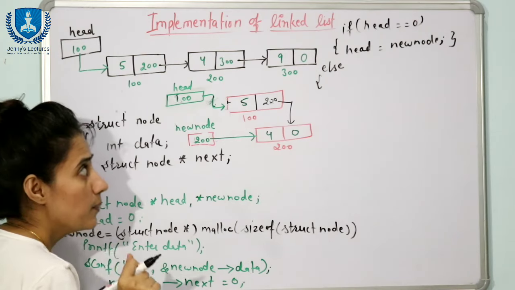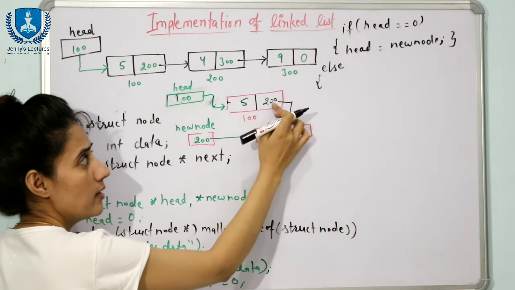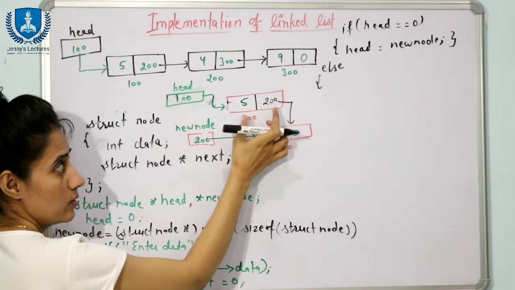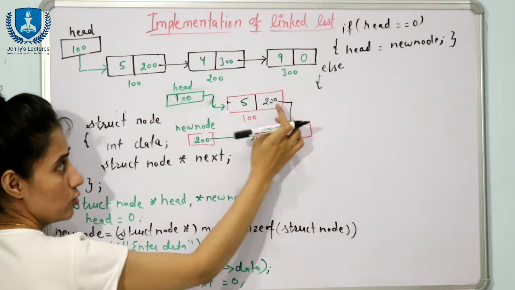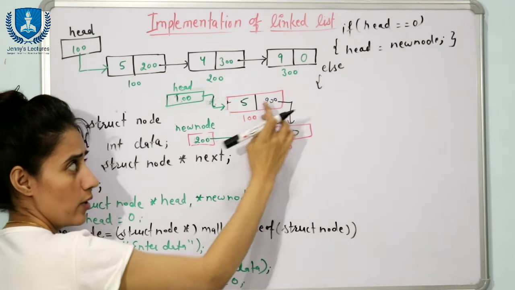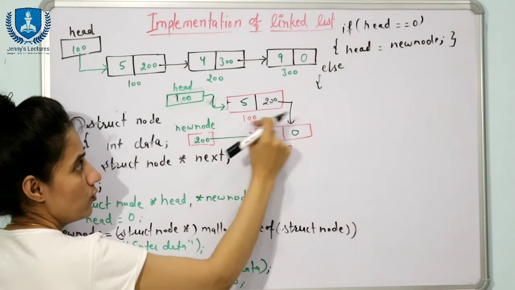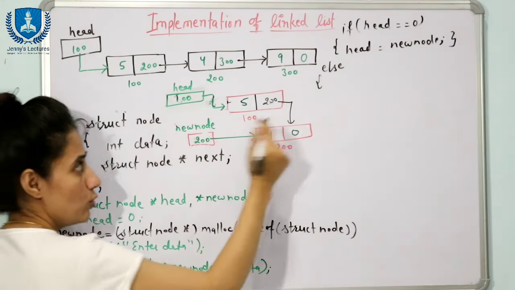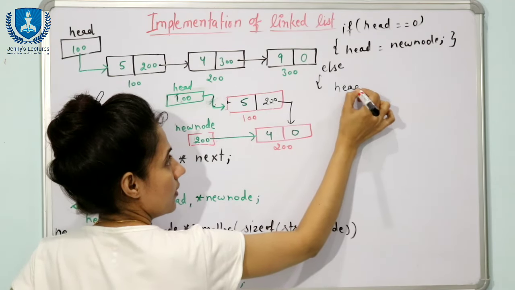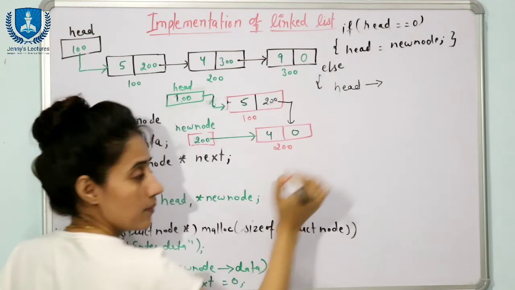Fine. So how can you access this part, this structure? Because this node is having data type structure, you cannot simply access this one. How can you access it? Using the arrow operator, using a pointer. The pointer of this node is what? The head pointer. So you can write head, this arrow operator.